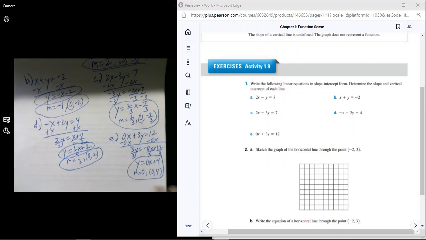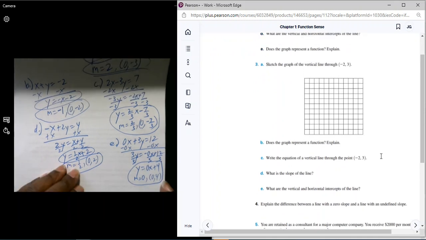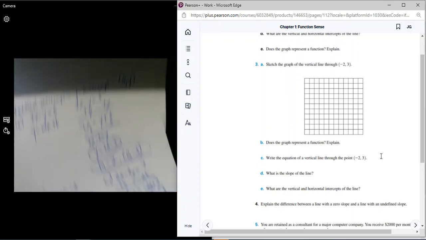Now we move on to problem number 3. Now with number 3, it tells us to sketch the graph of the vertical line through negative 2, 3.